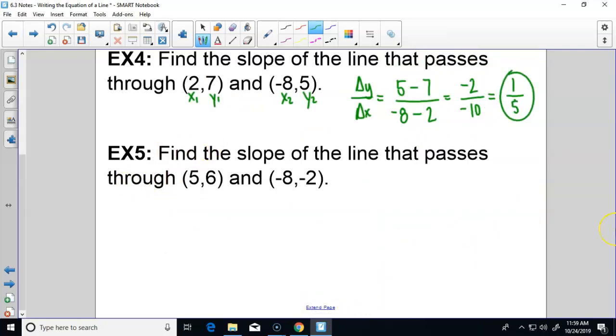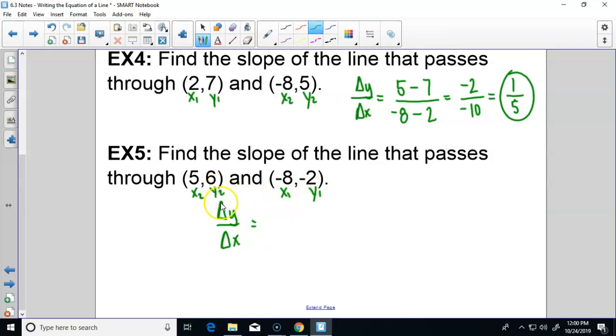So for example 5, we've got the slope of the line that passes through 5, 6, and negative 8, negative 2. We are looking for our change in y over our change in x. This is an x-coordinate, this is a y-coordinate, x-coordinate, y-coordinate. Just to switch things up here, I'm going to make this the first and this the second, just to show that it does not matter which ones you pick.